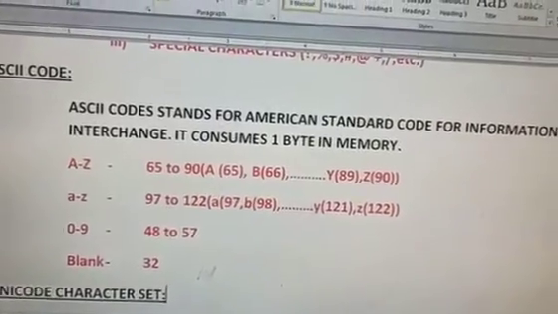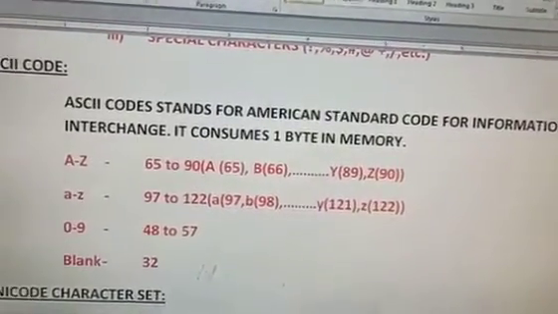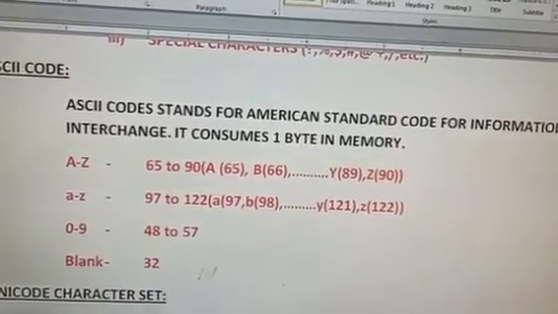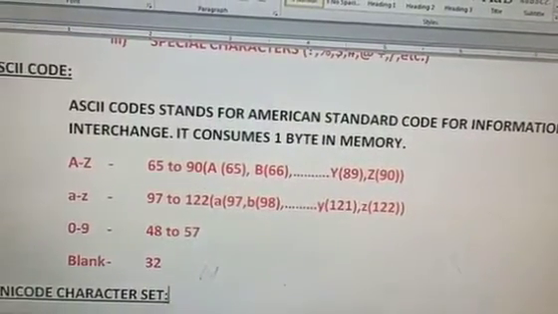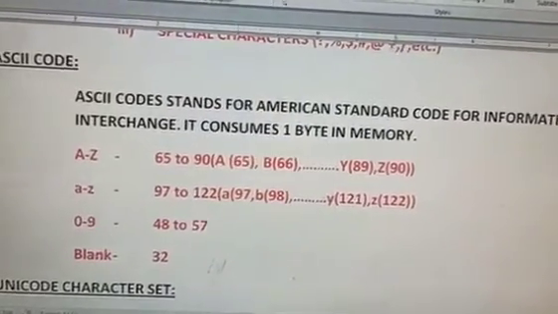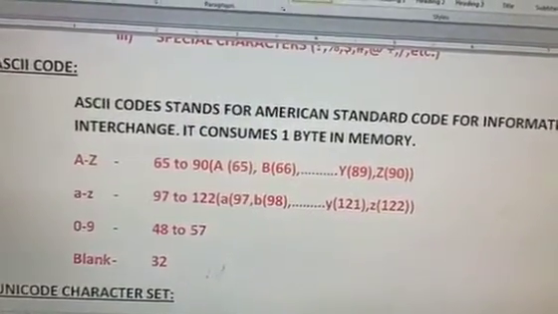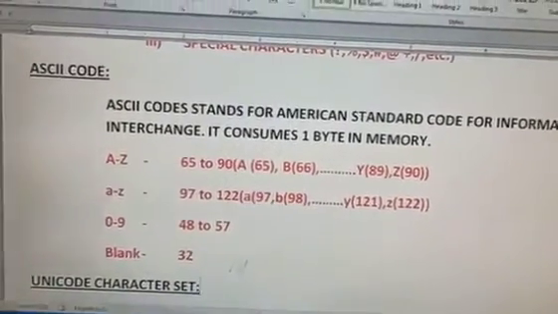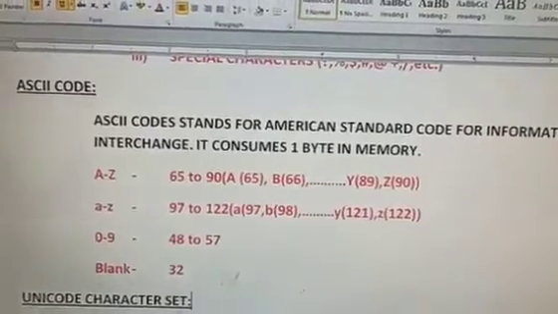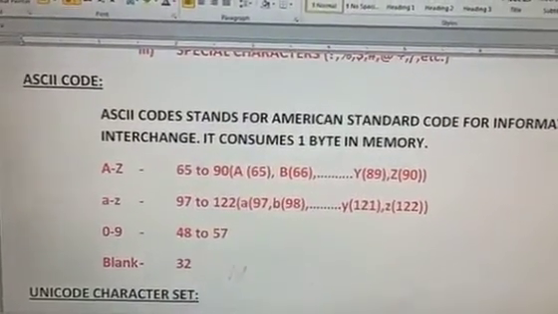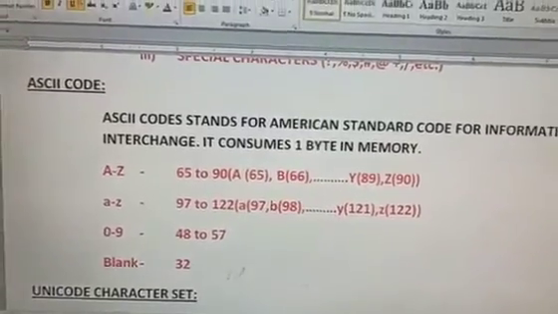We have specific ASCII codes for digits also, that is 48, 49, 50 till 57. And the ASCII code of blank is 32. These ASCII codes are predefined, fixed in all the languages, and there are around 128 ASCII codes available in all the languages, whether it is BASIC, C++, or Java.